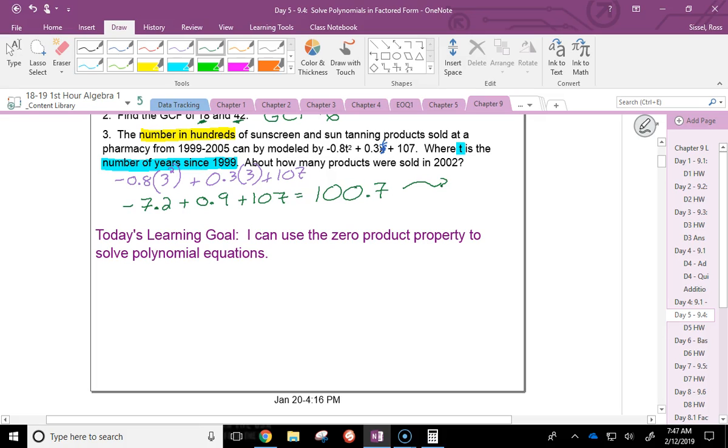To find the exact number, I would have to multiply by 100, moving the decimal place 2 spots. So it would be 10,070 products approximately. The reason we multiply by 100 is because the number in hundreds was represented by the equation, so it was 100.7 hundreds.